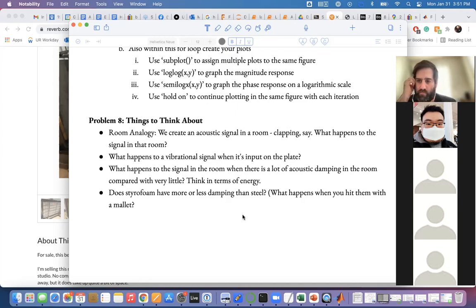So bearing that in mind, what happens to a vibrational signal when it's input on the plate? Does a similar thing. Say it again, Corey. There's a similar dynamics going on. Yeah, totally, right? I mean, it propagates with some speed across the plate, right?